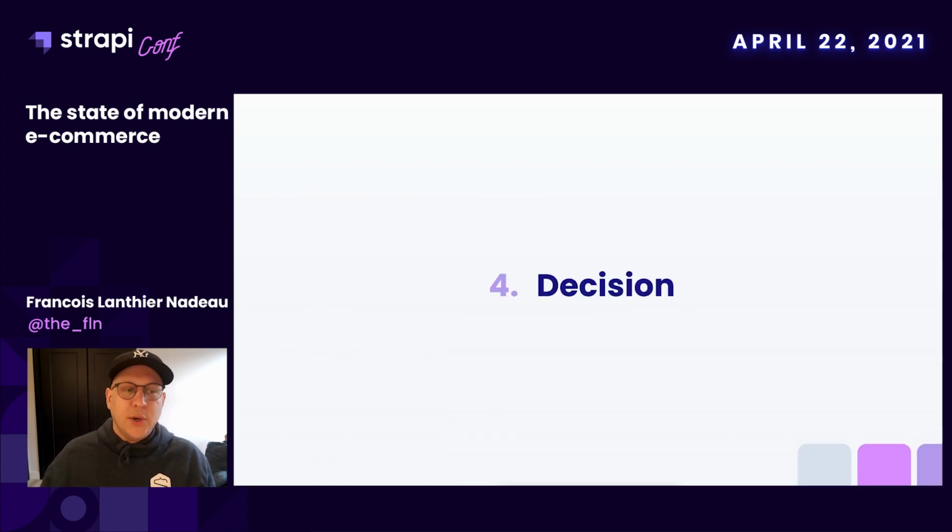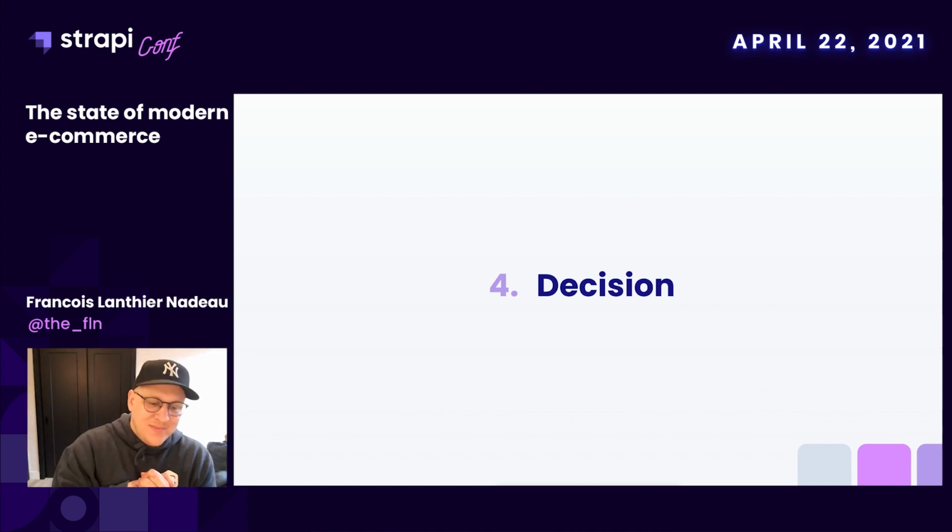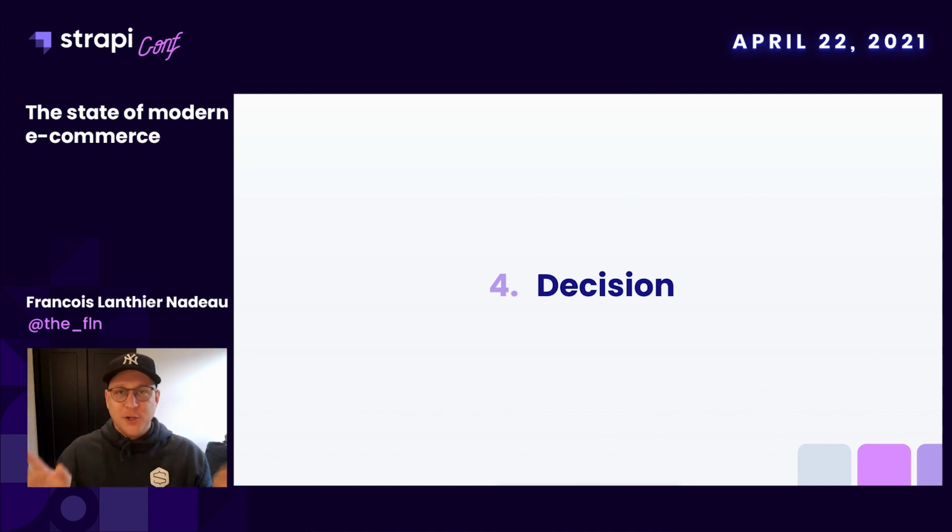Okay, so what have we seen thus far? We have seen that there are different functionalities in the e-commerce world, and that different approaches and categories of solutions will handle some of these for you, right? So that's all fair. That's all good.